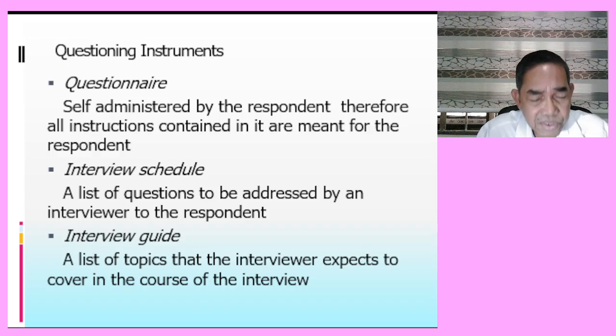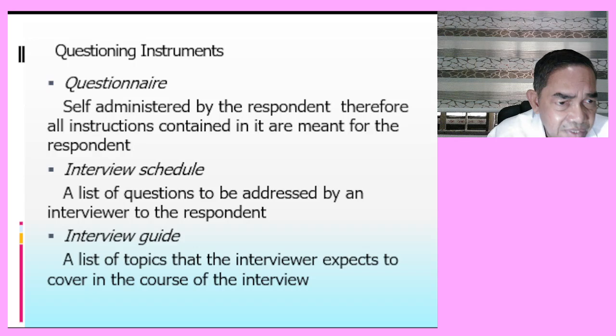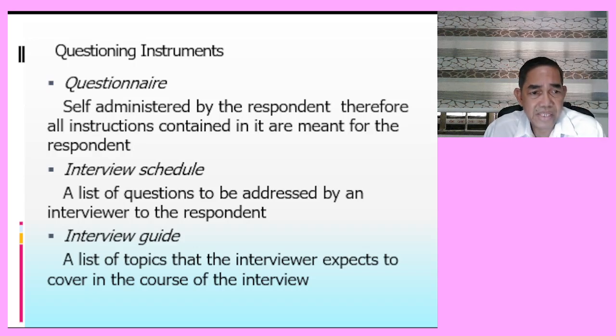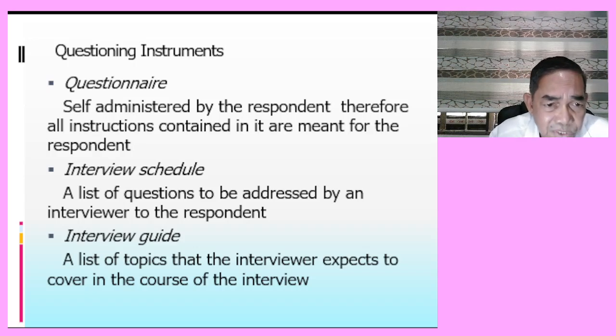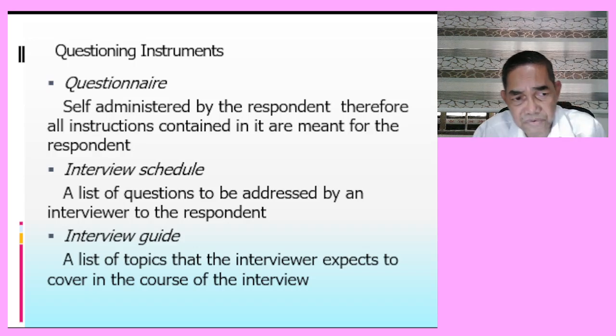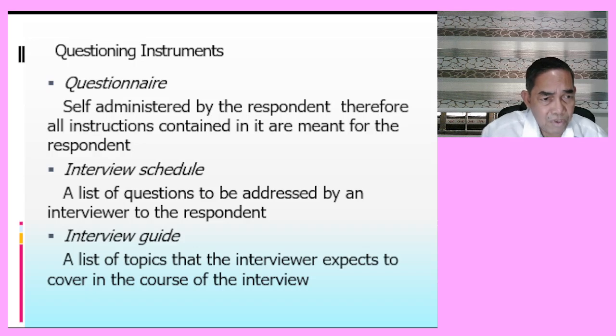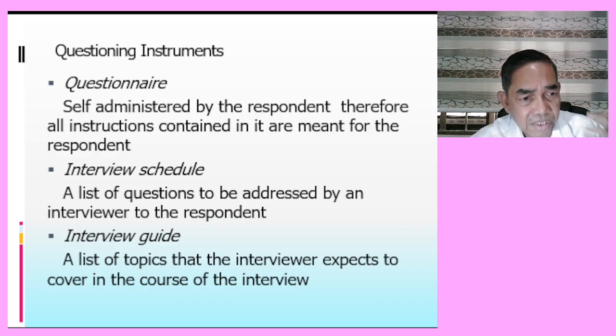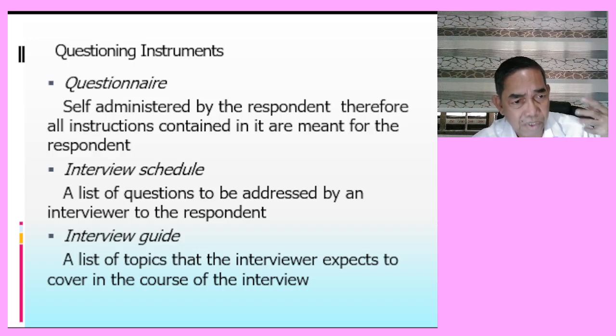Therefore, all instructions contained in it are meant for the respondent. And the interview schedule is a list of questions to be addressed by an interviewer to the respondent. The interview guide is a list of topics that the interviewer expects to cover in the course of the interview. So when we talk of schedule, these are a list of questions, and when we talk of guide, this is a list of topics.